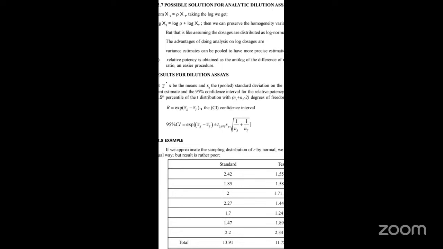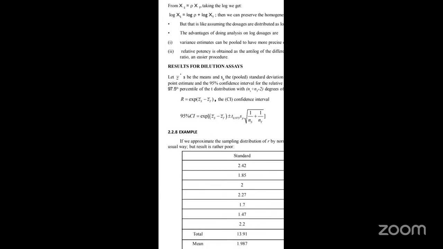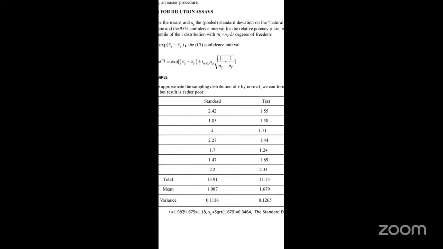The easier procedure gives R equal to exp(z_s minus z_r), where the 95% confidence interval is exp of (z_s minus z_r) plus or minus t 0.975 times the square root of (1 by n_s plus 1 by n_r). So here, standard and test.